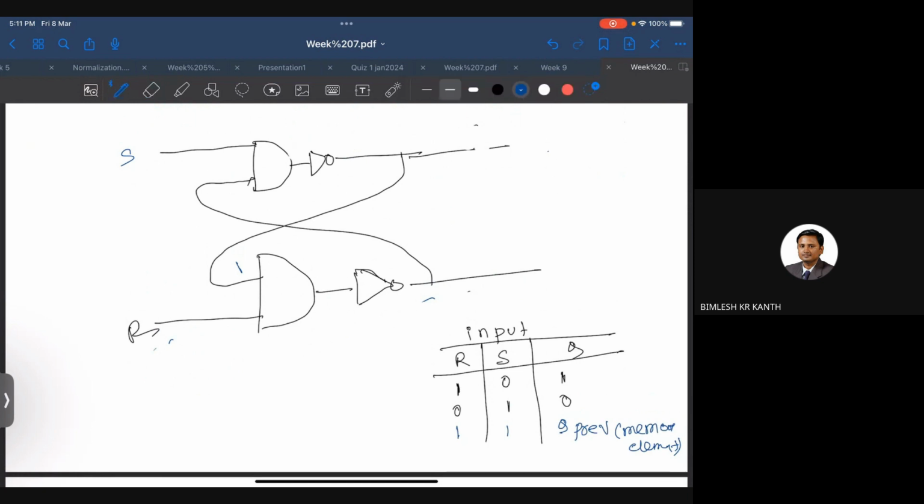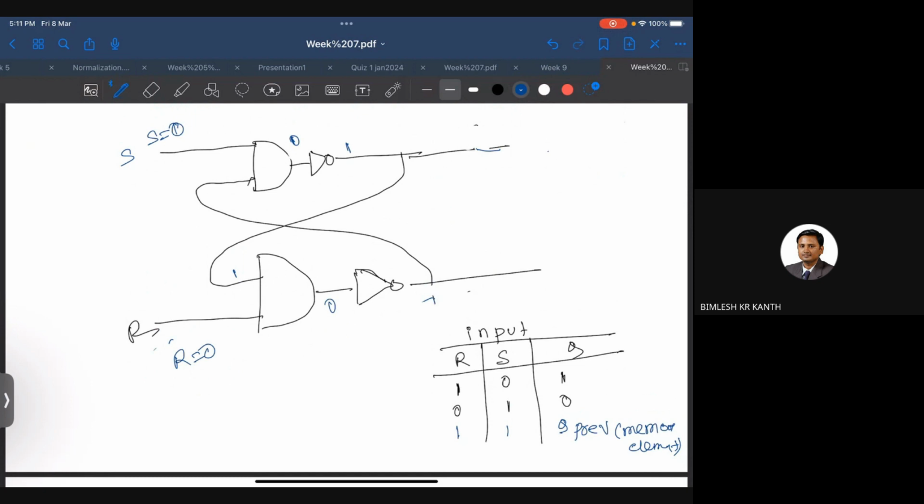Now the next thing is, when S equal to 0, R equal to 0, what will happen? 0, 1, 1, 0, 0, 1. So let's take this. This will be 1, and sorry, this will be 0, this will be 1, right? And this will again go to the 1, 1, 0, 0. 1, 0, 0, it will be 1.